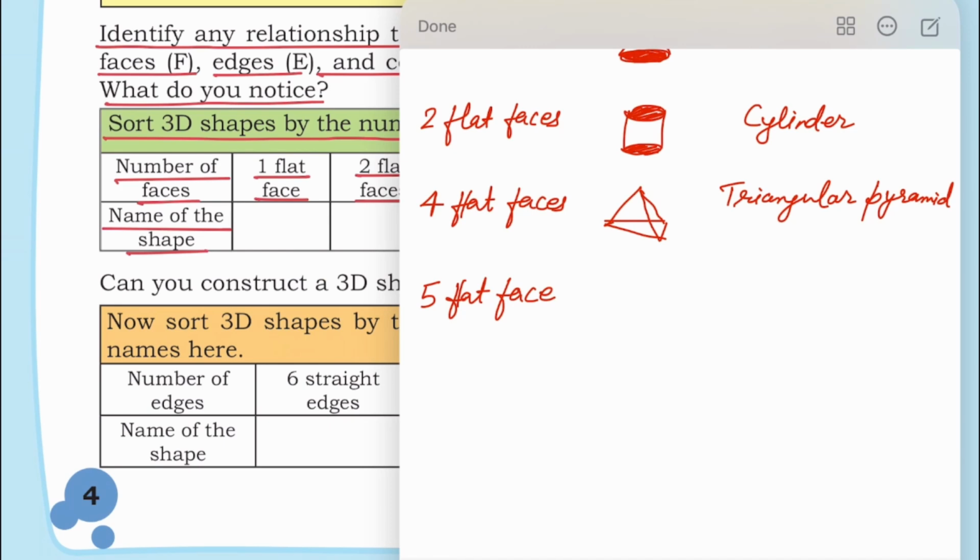You can draw triangular prism or square pyramid.